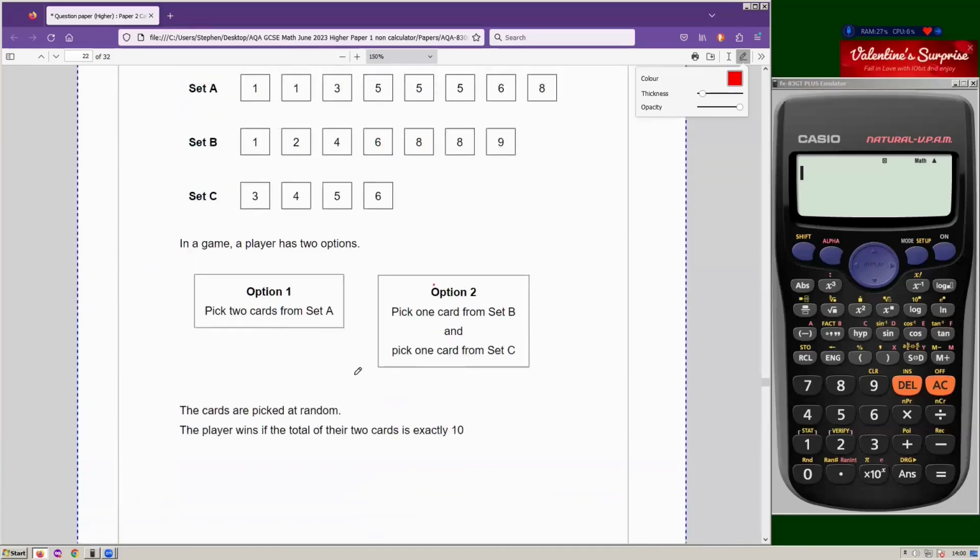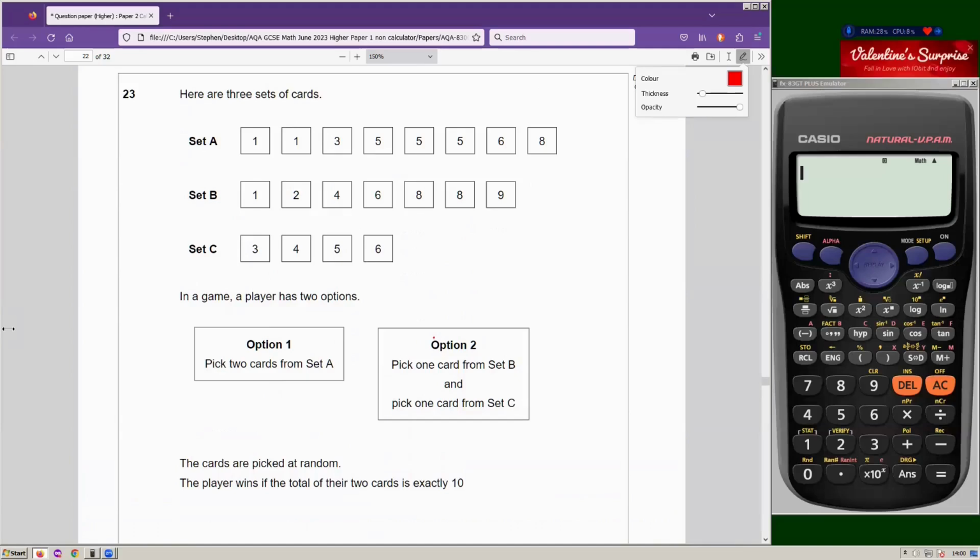Let's do our working up here. Option 1, pick 2 cards from set A. They have to pick a 5. So there's 3 chances in 1, 2, 3, 4, 5, 6, 7, 8. So they pick a 5 out. You've got 3 chances out of 8, times by, once that 5's gone, you've got 7 cards left and only 2 5s left.